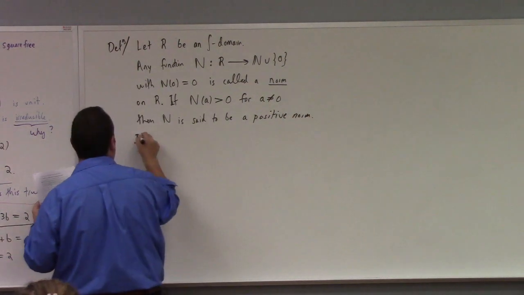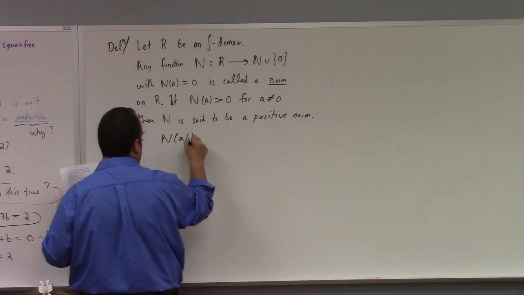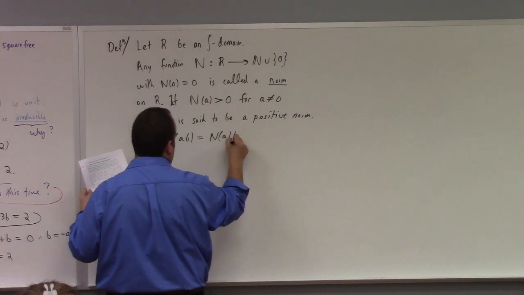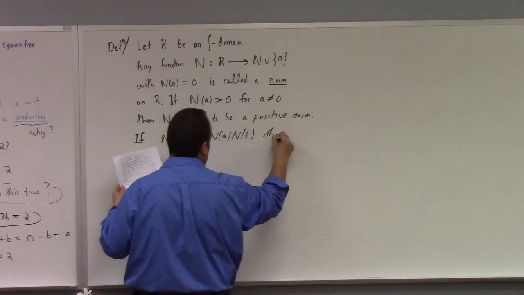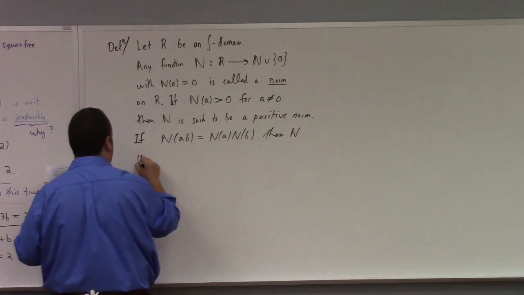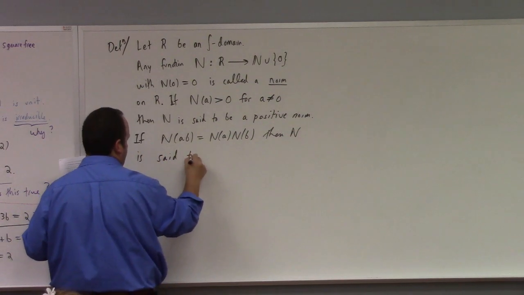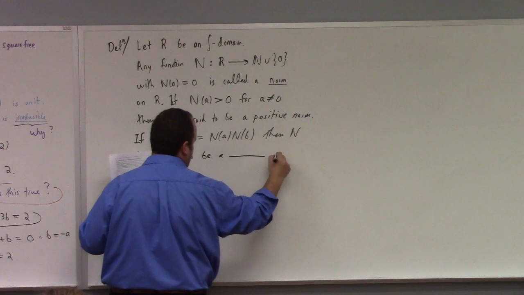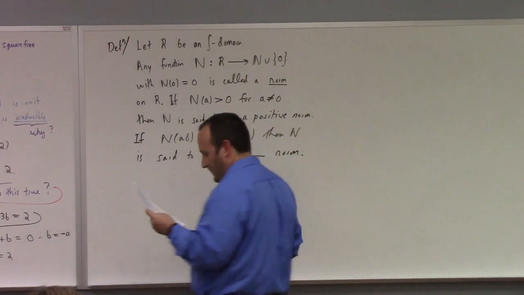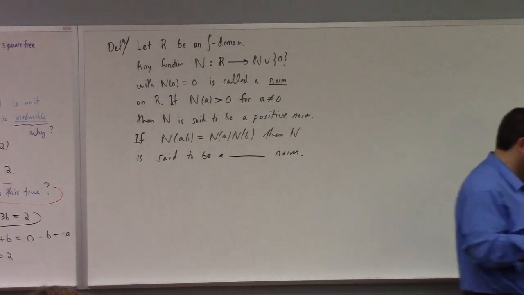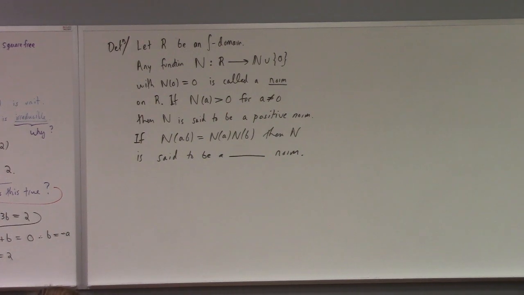If n of AB is equal to n of A times n of B, then n is said to be a blank norm. Fill in the blank for me. What would that property probably be called for a norm? What do you guys think?